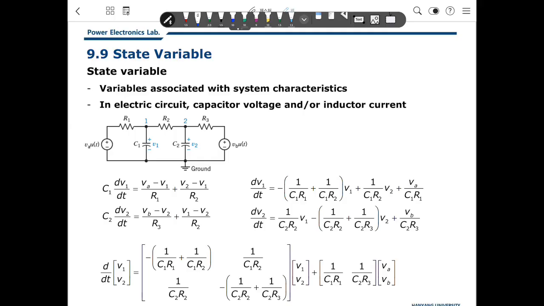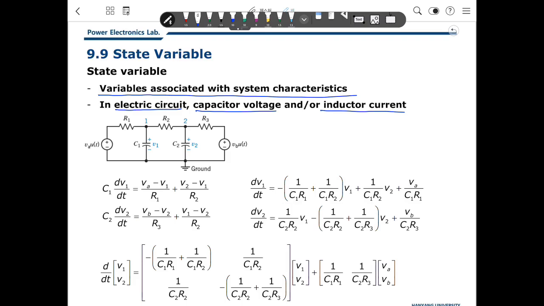State variable means the variables associated with the system characteristic. We have to choose some variables to represent the characteristic of the system. So in the case of an electric circuit, the capacitor voltage or the inductor current can be a state variable to describe the system.